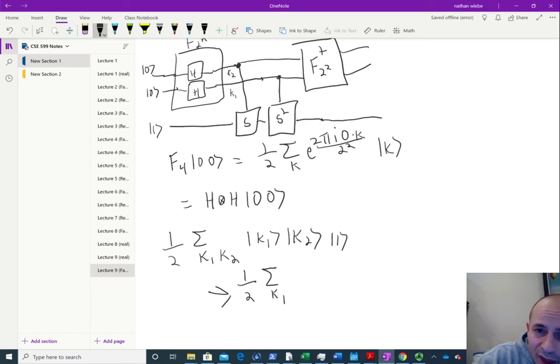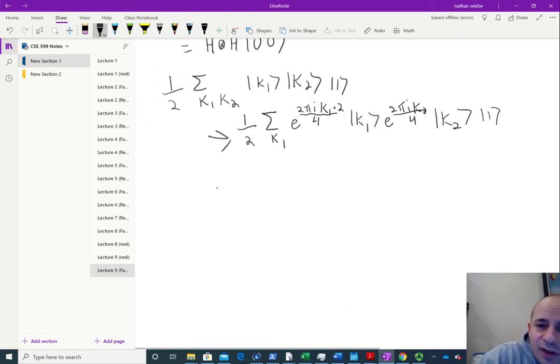So if we do that, then we end up getting e to the 2 pi i k1 divided by 4 times 2, because it's S squared, k1, times e to the 2 pi i k2 over 4, k2, 1.